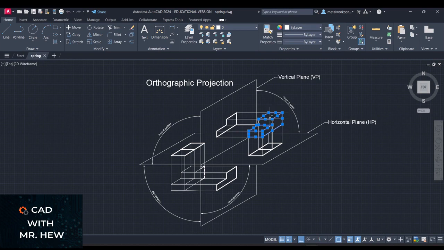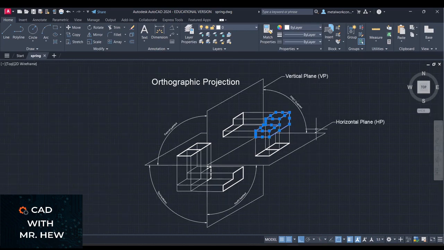This highlighted three-dimensional object is drawn in the first quadrant. Where the vertical plane intersects the horizontal plane, you'll have 4 quadrants.